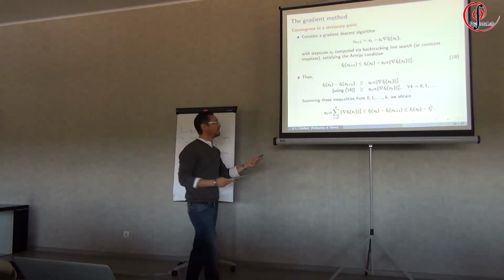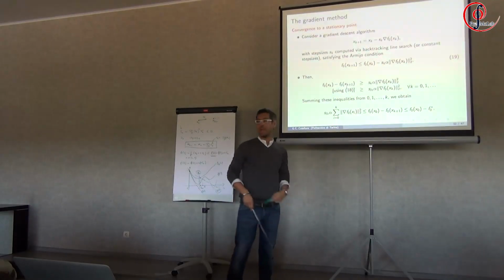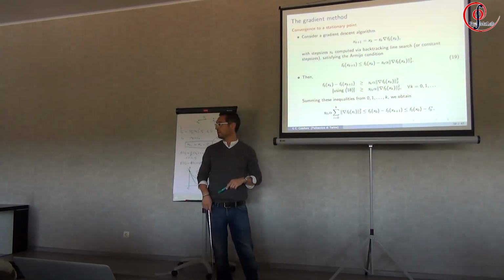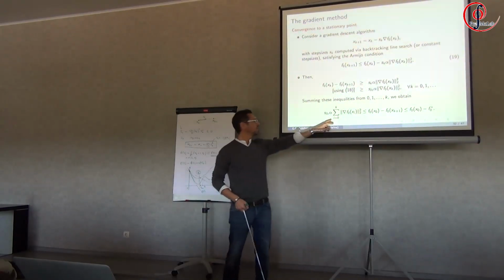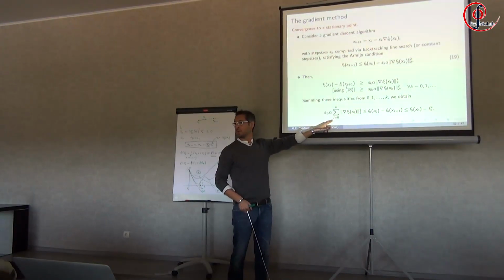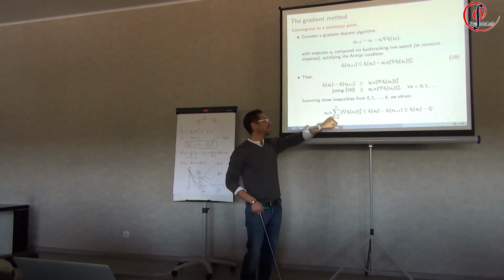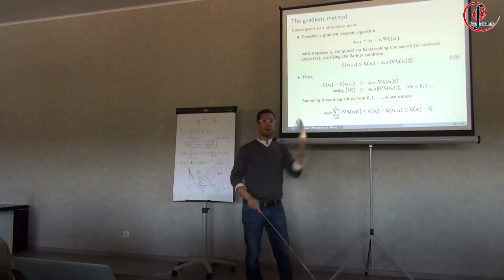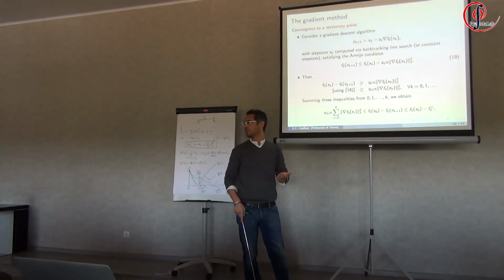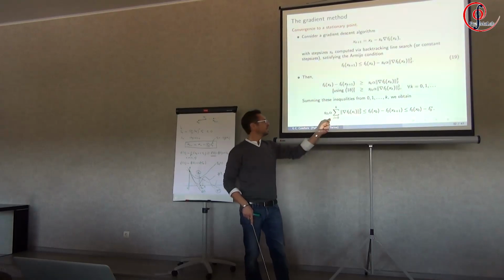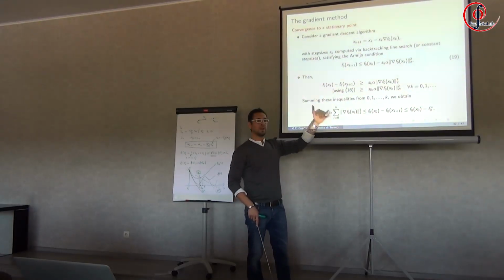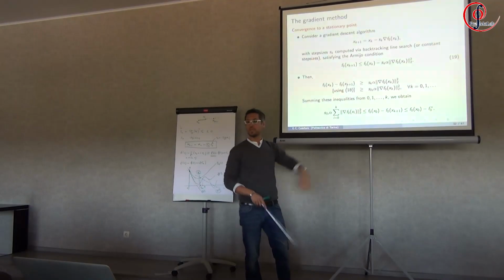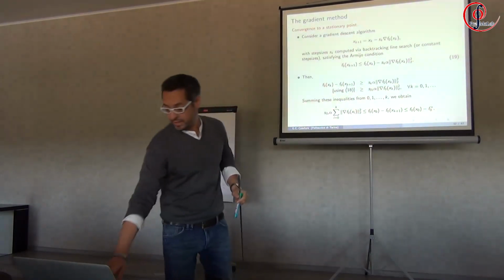So now it means that if we let k go to infinity, so we now take an infinite summation, this limit of the summation remains bounded by a constant. So this summation remains bounded when k goes to infinity.